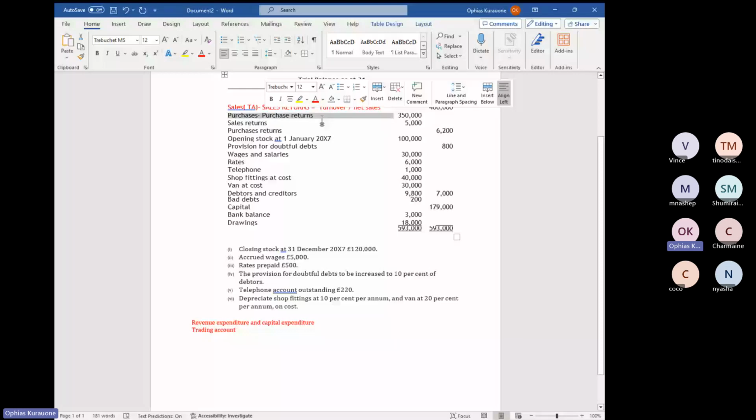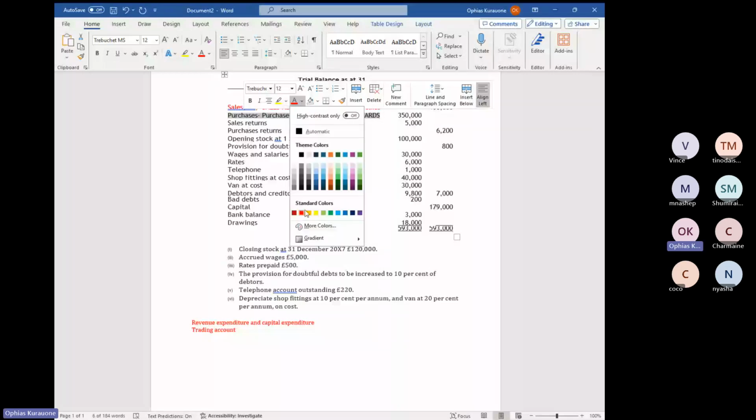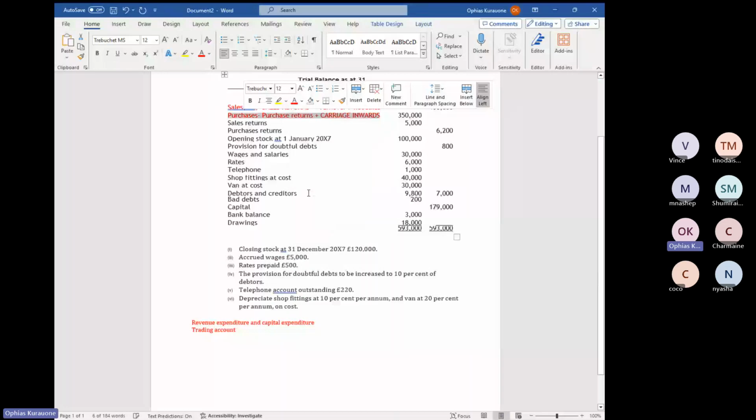Then the purchases can be increased by the carriage inwards. If you buy goods from South Africa, the amount you are going to pay the transporter to bring those goods to Zimbabwe is supposed to be included here as part of the purchases.